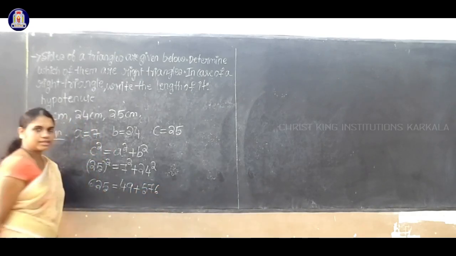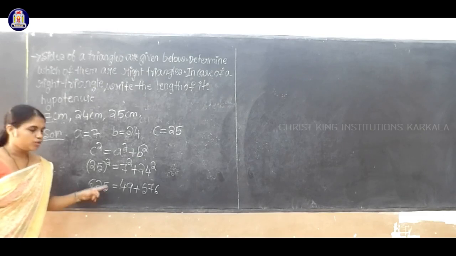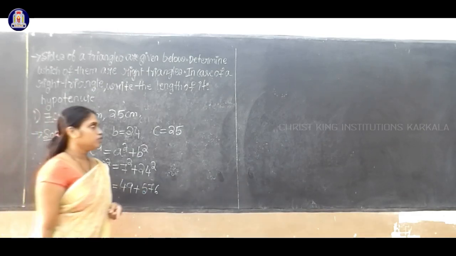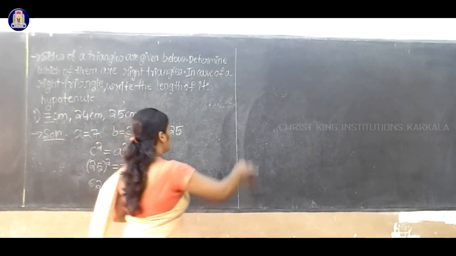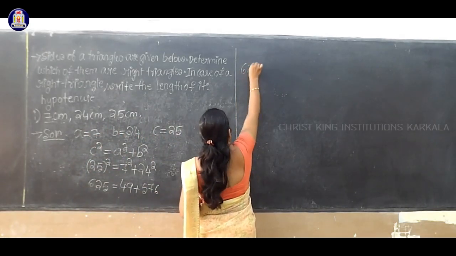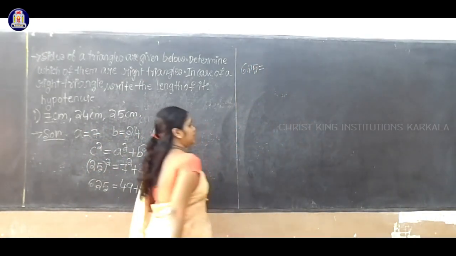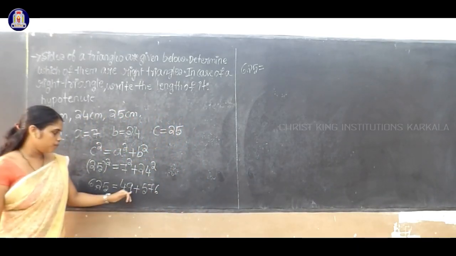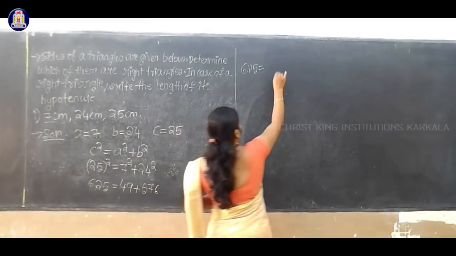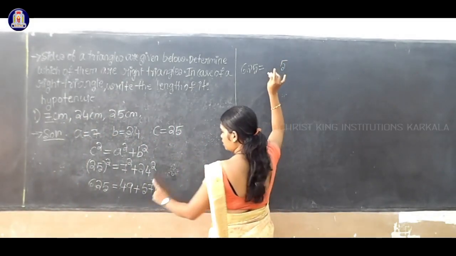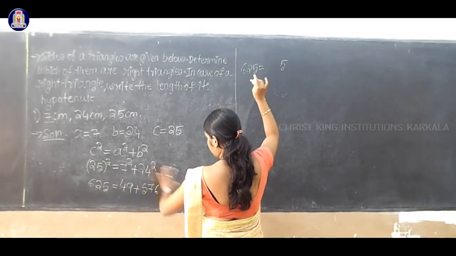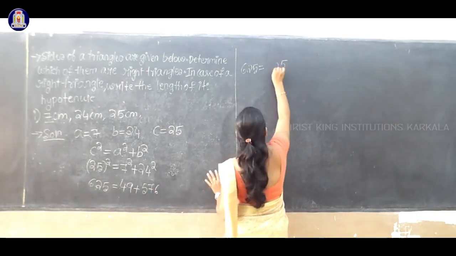576, isn't it? See, in the left hand side you have 625. In the right hand side, 49 plus 576. So how much will you get? 625 equal to, on the right hand side, add the terms 49 plus 576. 9 plus 6 is 15, 1 carry. 8 plus 4 is 12, so 1 carry.